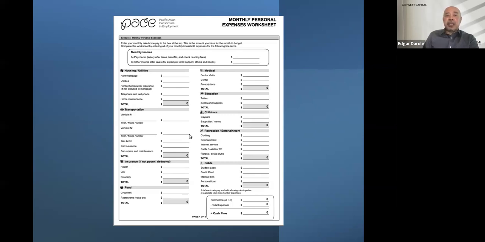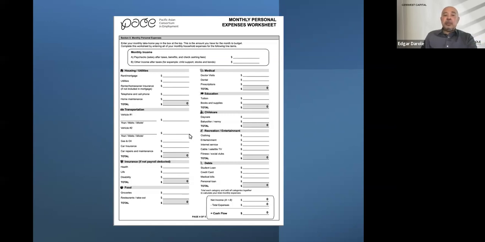You have the housing expense: your rent, your utilities, insurance, telephone, home maintenance, transportation, how much you spend on your transportation, insurance, food, medical, education, childcare, all your other debts, including credit cards, medical bills, or personal loans.